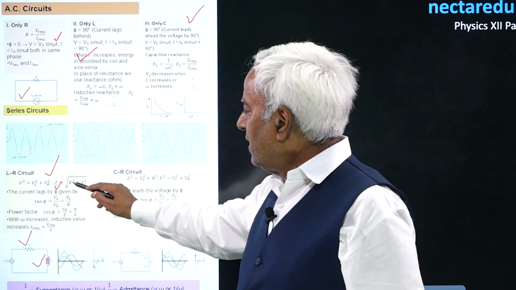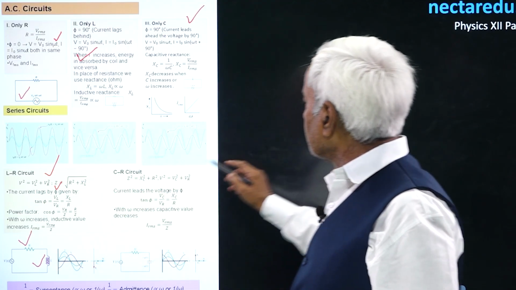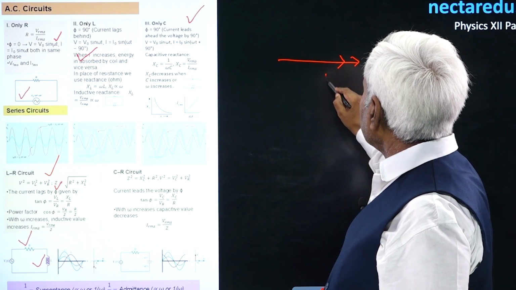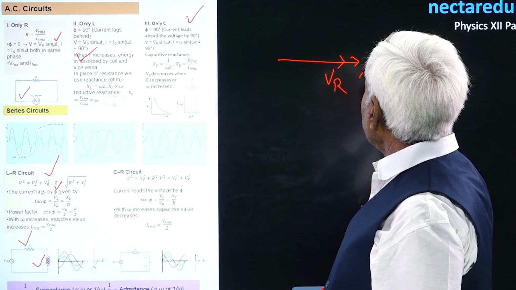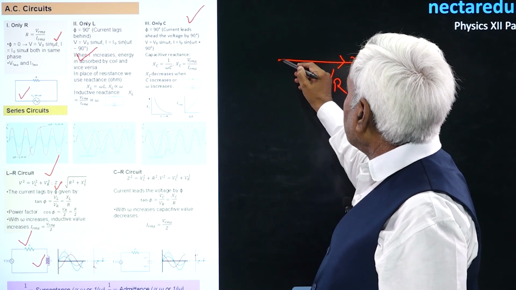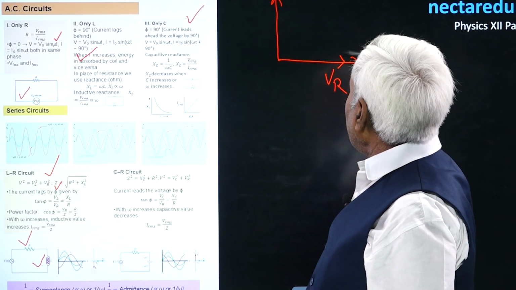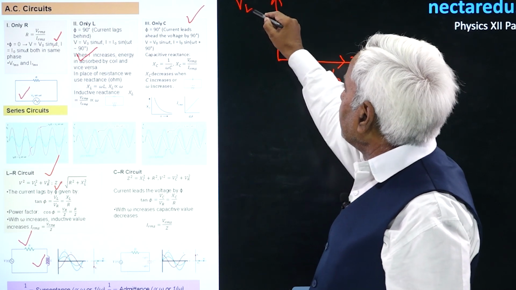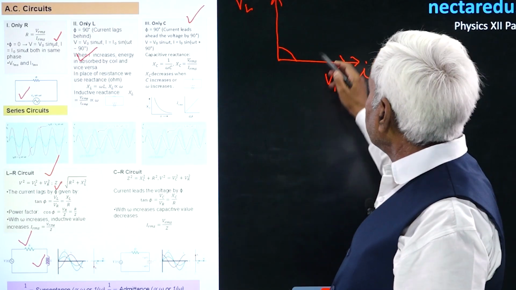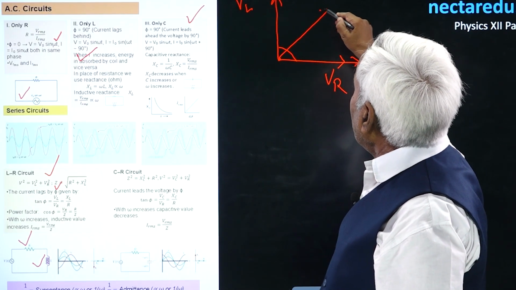It is going to be the square root of R square plus XL square, because you see the current in resistance is going to be in the same phase. But in the coil, the current lags behind, or you better say the voltage leads ahead. This becomes the case of the LR circuit.